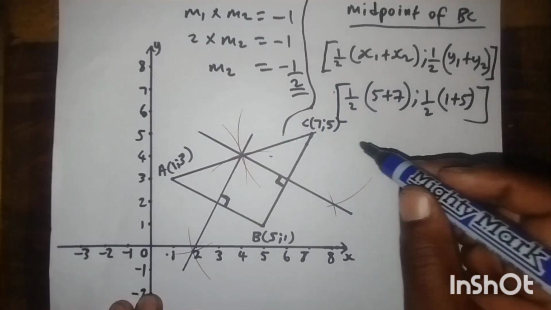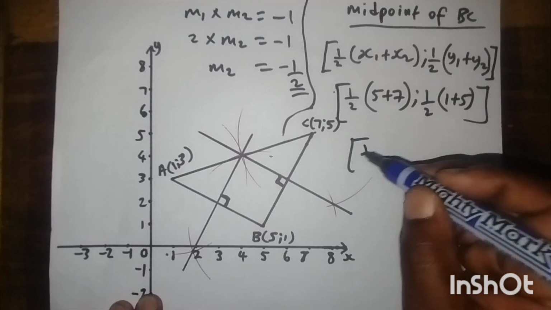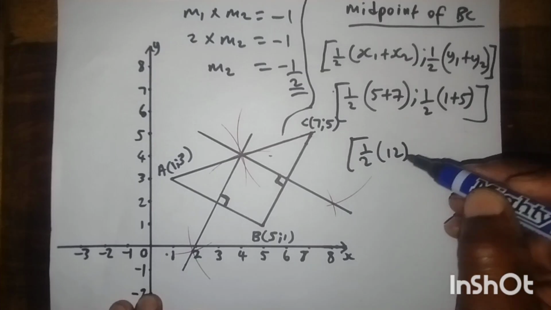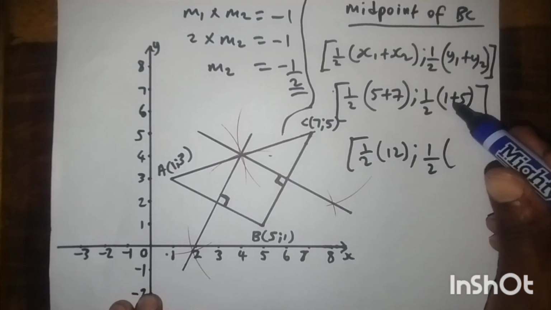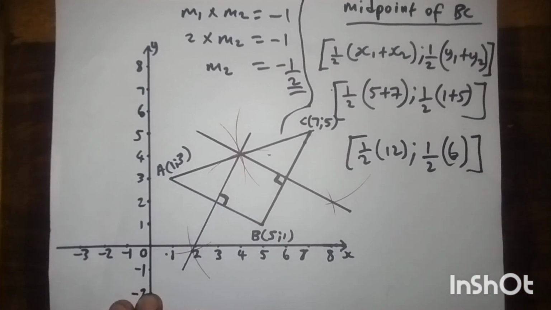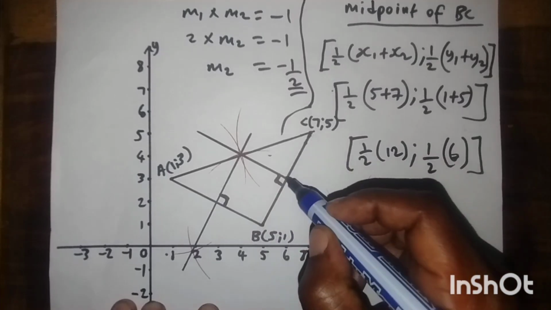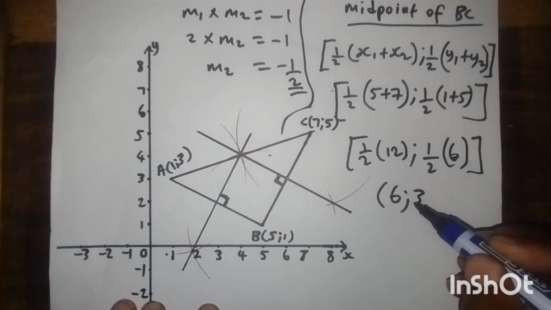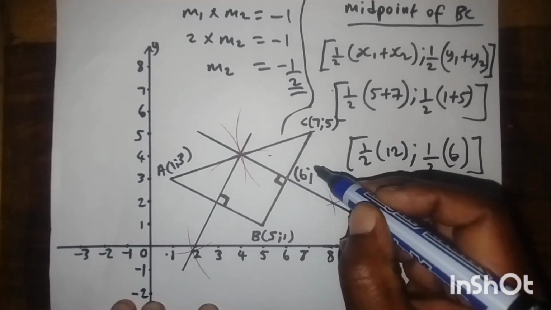This is half of 5 plus 7, that's 12, half of 12; half of 1 plus 5, that's 6. So the midpoint of BC, which is here, is 6; 3.